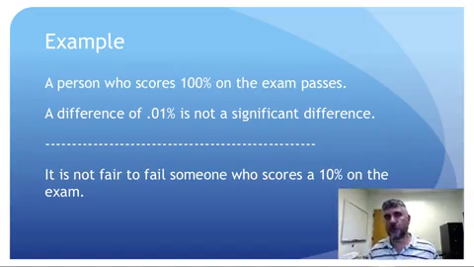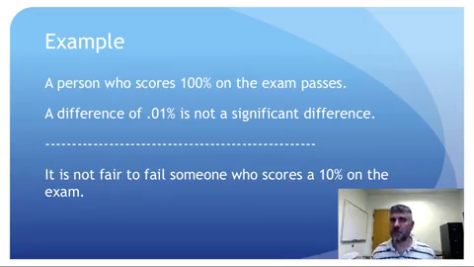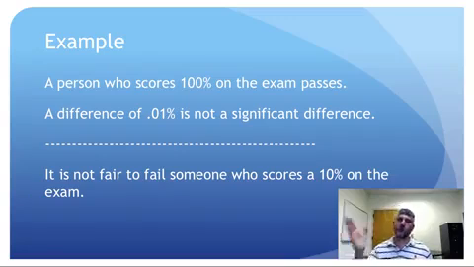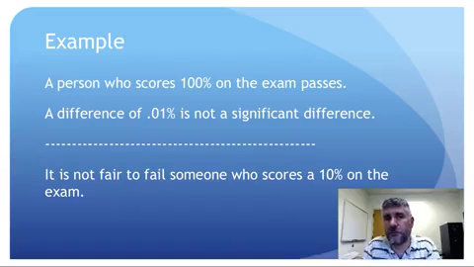Right? If I tell you in advance that the minimum score for passing the test is 70%, then even though there's not a significant difference between 69.99% and 70%, still, you knew in advance that 70% was the minimum score for passing the test. So if you get a 69.99%, it might be fair to fail you, even though that score is not significantly different from 70%.